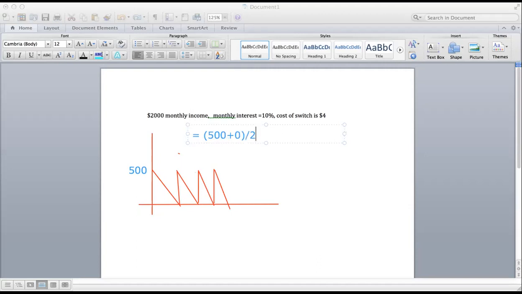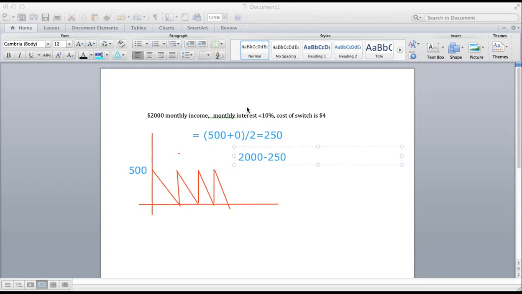So on average, during the month, you have 250 in cash. That's the average money holding. And the average bond holding is 2,000 minus 250.